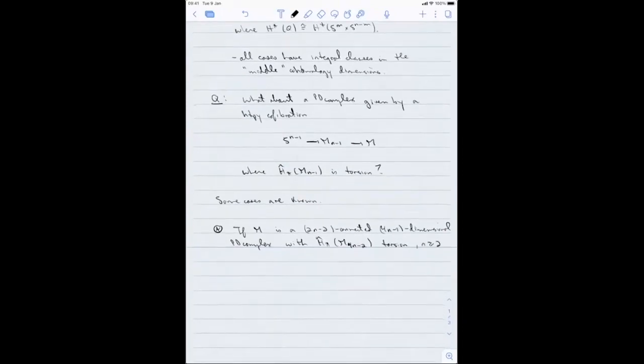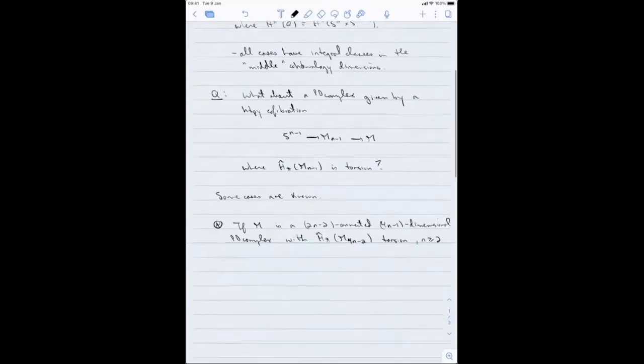And let's just assume n is greater than or equal to 2 so that things are simply connected.